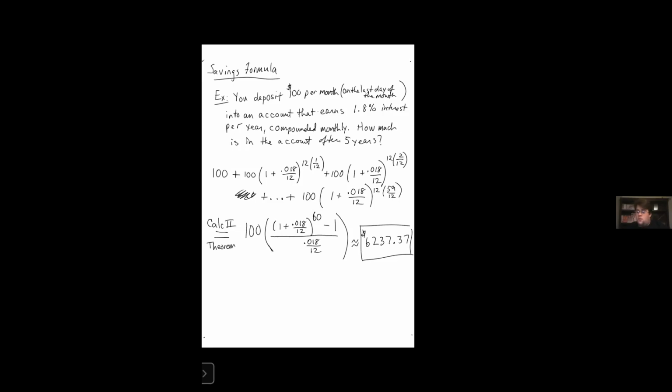And a derivation of the general savings formula follows very similarly to that example. I'm not going to have room on this page to write it, so I will write it on the next page. Okay. Let's call this theorem the savings formula.